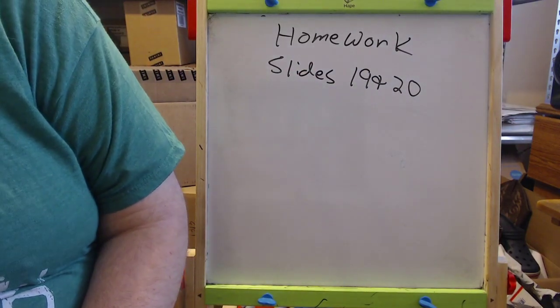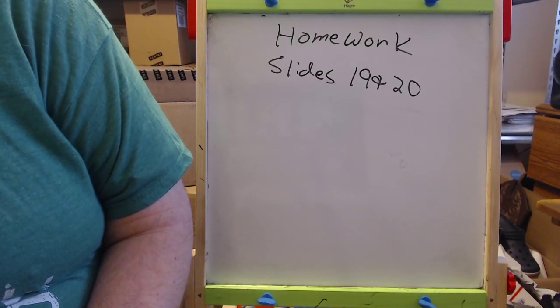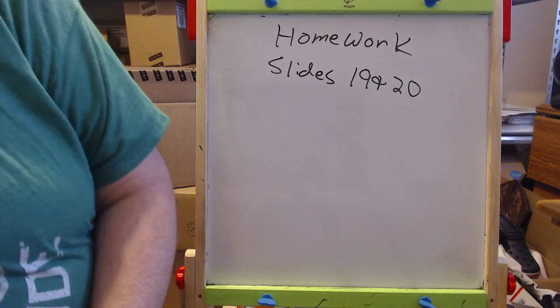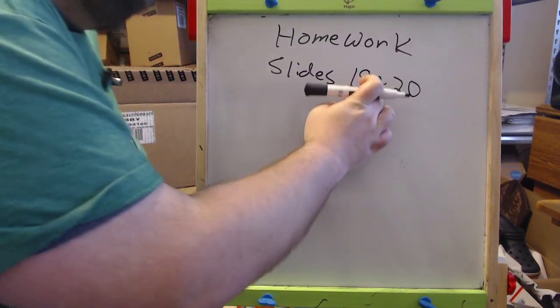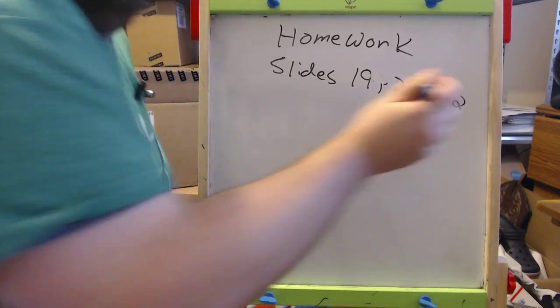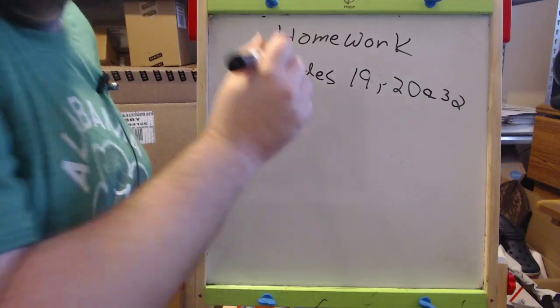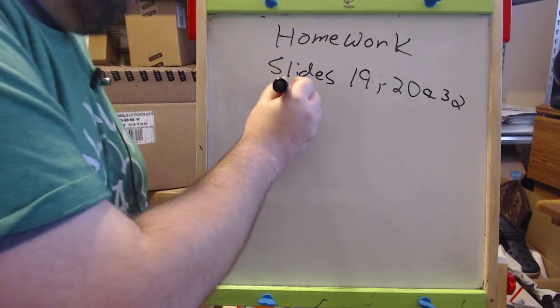Sample problem 18.1 is slide 32. Let's do 19, 20, and 32. And then in the book, we're on page 834.